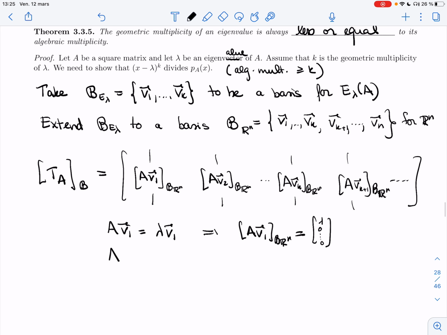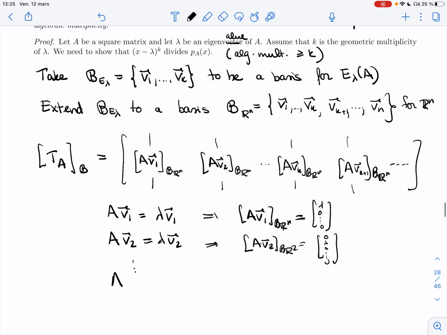Av2 is going to be lambda v2, and so that's going to give you 0, lambda, 0, 0, and so on up to Avk. The other ones, I have no idea what's going to happen, and I don't really need to know.